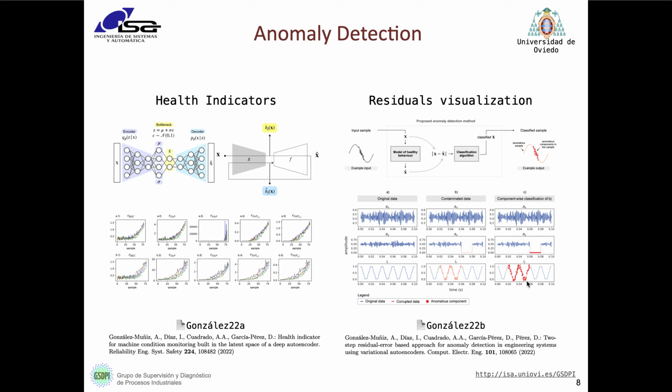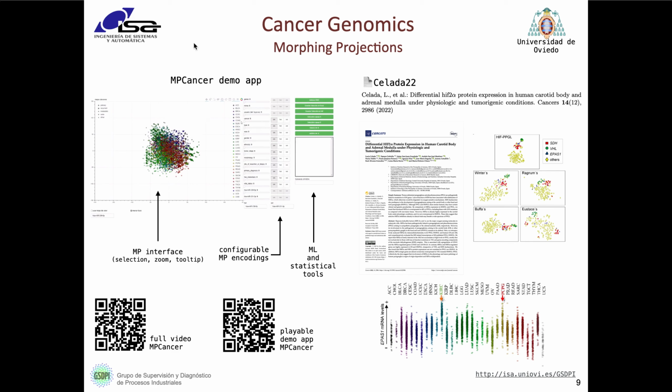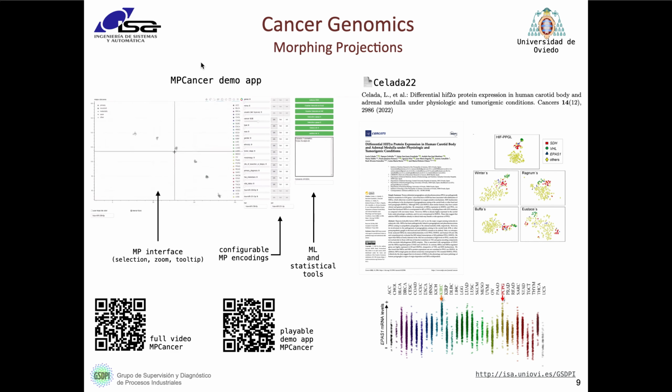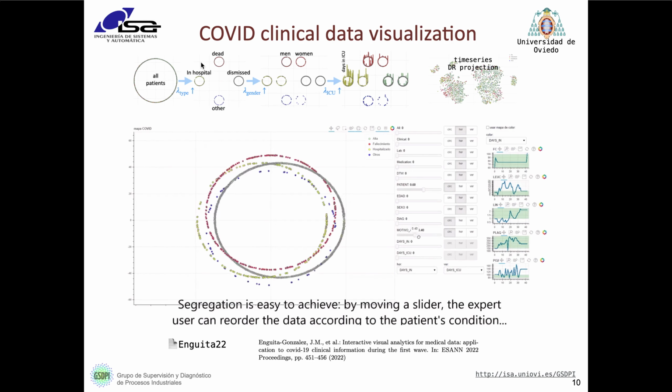Morphing projections allows to smoothly combine views expressed in terms of spatial encodings, showing different insights. We used this technique in cancer genomics to quickly find visualizations showing insight in specific attributes like, in this case, the distribution of expressions in a certain gene for different cancer types. The morphing projections technique was also used for COVID clinical data visualization.